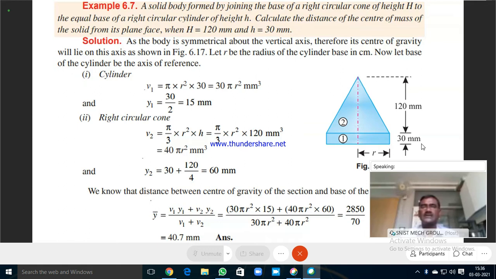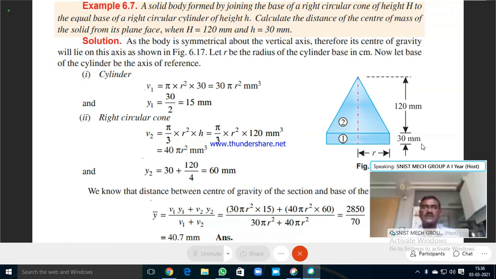You see that it is symmetric about the y-axis. Obviously, you have only the y coordinate, and you are interested in calculating the y coordinate. Write down the expression for the cylinder volume, pi r square h. H is given, right? And as you know, the y coordinate for the cylinder is L by 2, that is 30 by 2. Similarly, for the cone, volume V2 is equal to pi by 3 pi r square h.